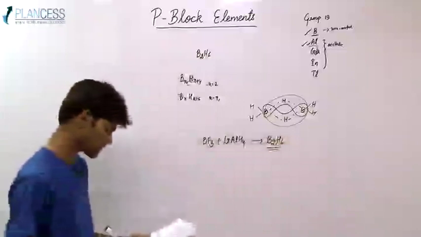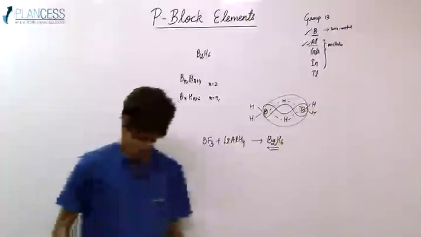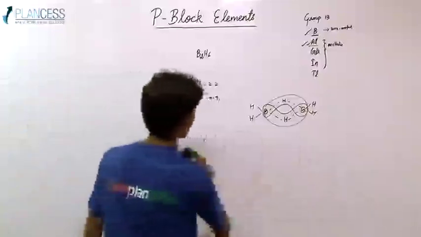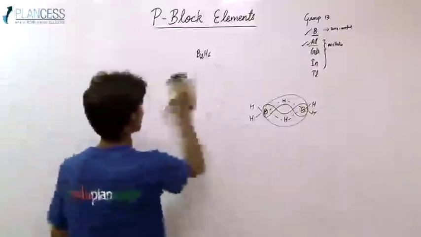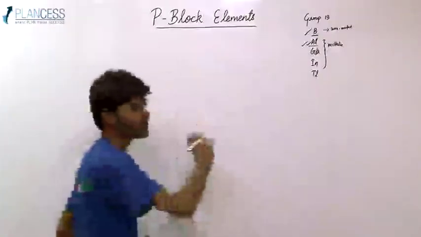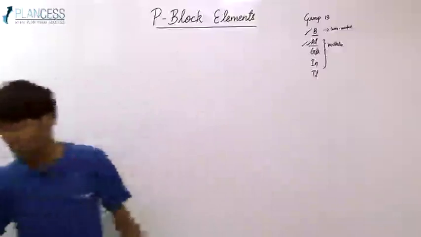Here B2H6 is formed. So depending on its reactivities, B2H6 when reacted with amines forms certain cleavages in this diborane structure.